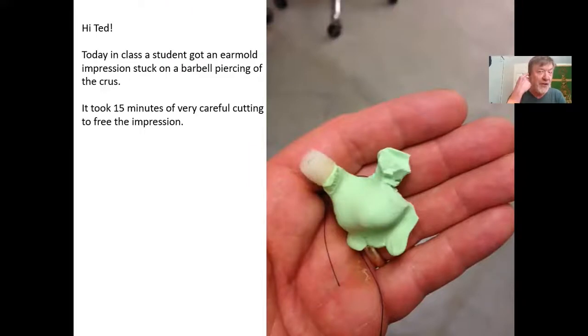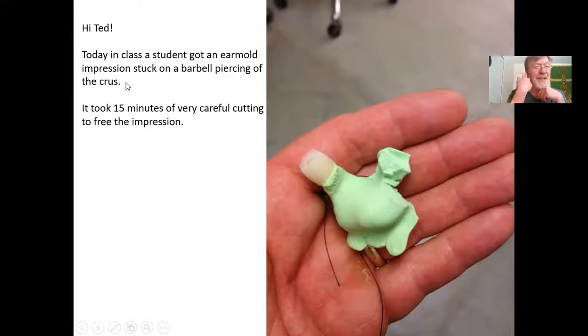One of the students had a barbell piercing of the crus of the ear. Today in class, a student got an ear mold impression stuck on a barbell piercing of the crus of the ear.